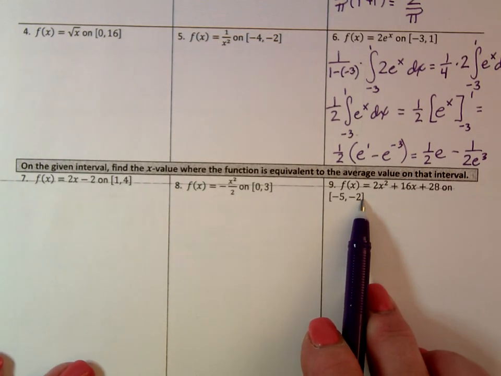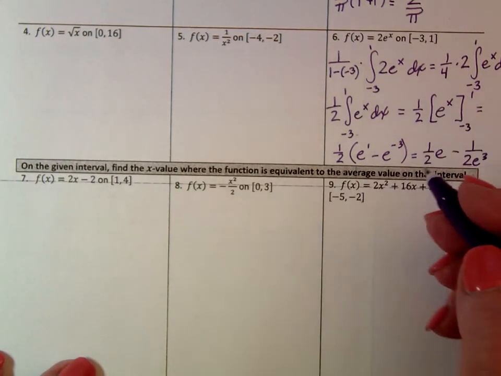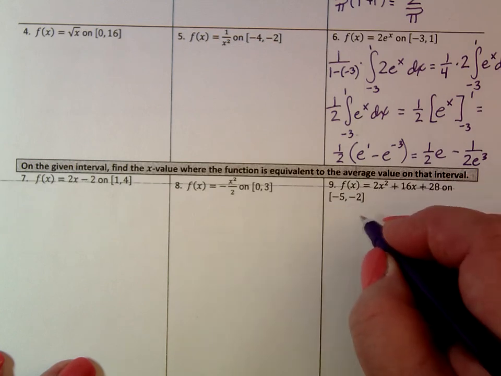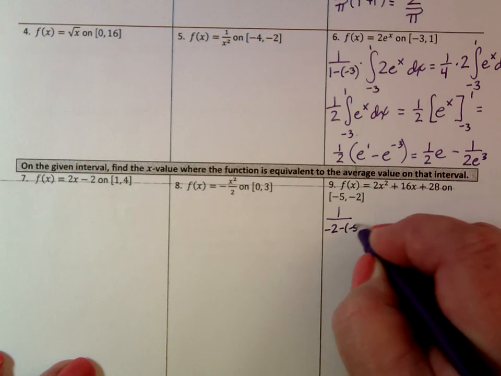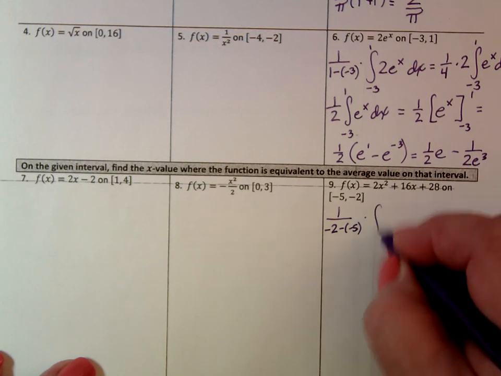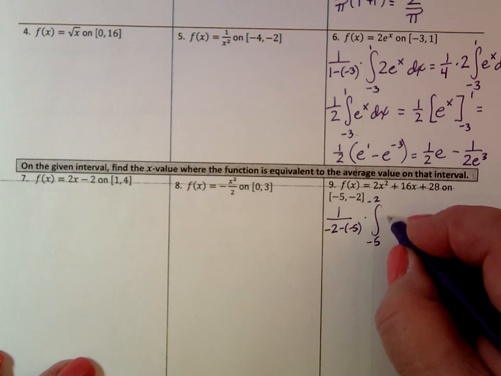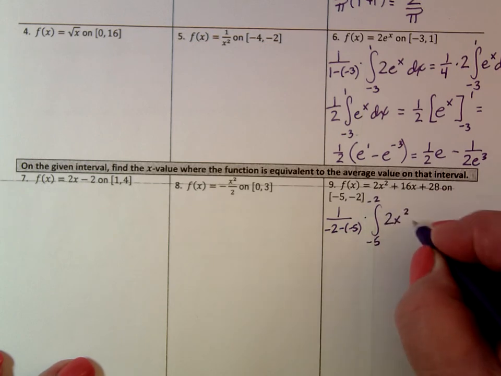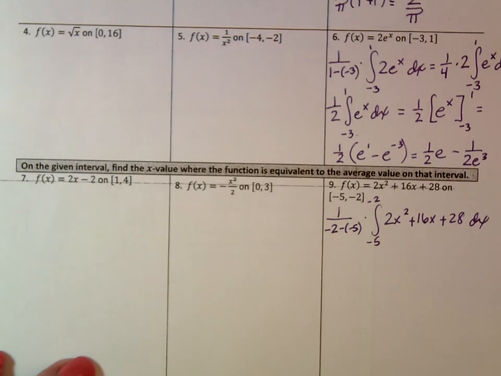So job number 1 is let's find the average value. And so just like we did with the problems up above, we're going to do 1 over negative 2 minus a negative 5 times the integral going from negative 5 to negative 2 of 2x squared plus 16x plus 28 with respect to x.